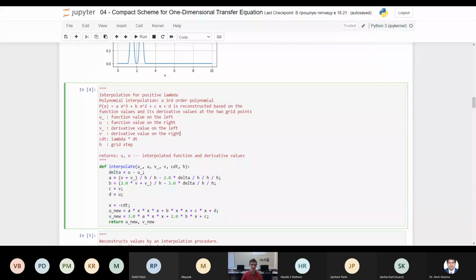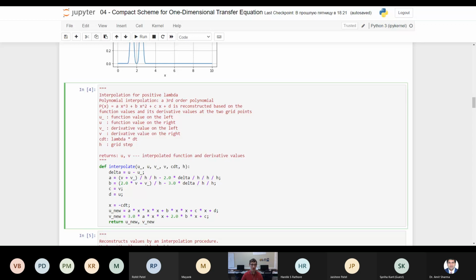We also have 4 values of the function, and we have these parameters which define the point in which we will interpolate our polynomial.